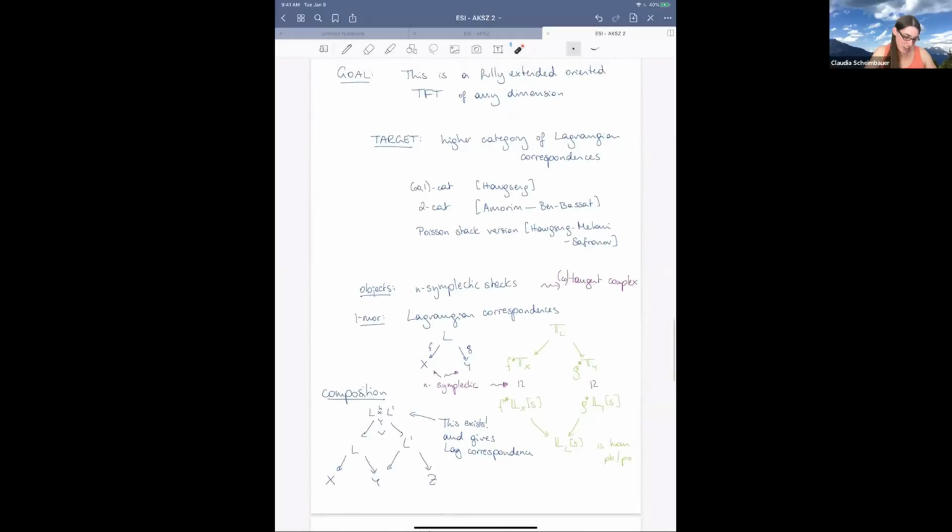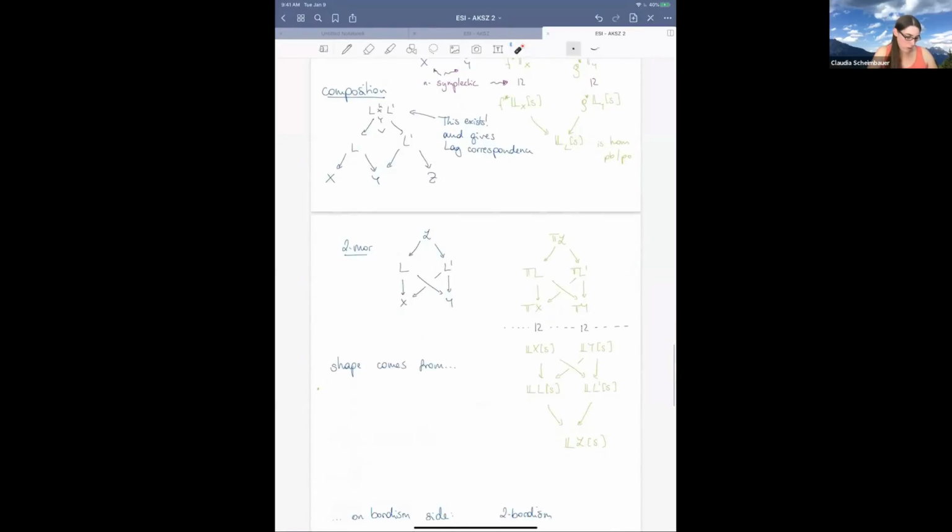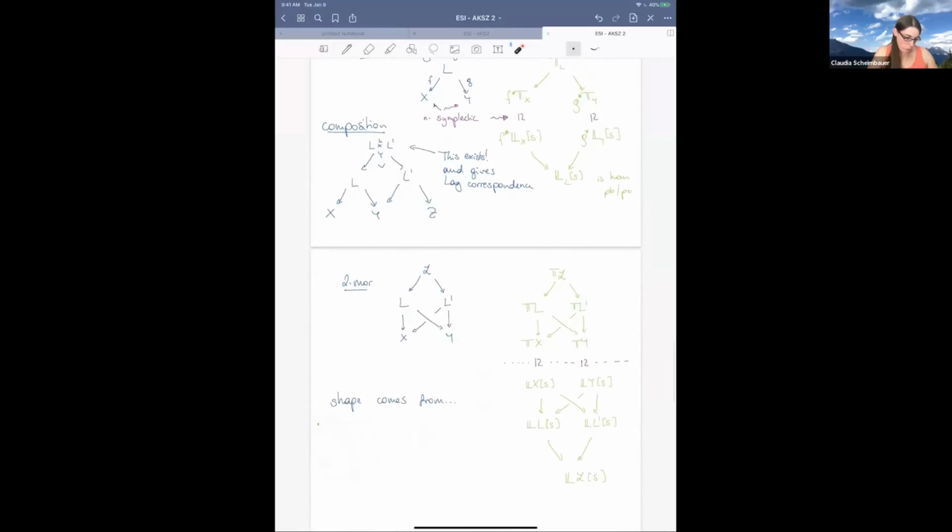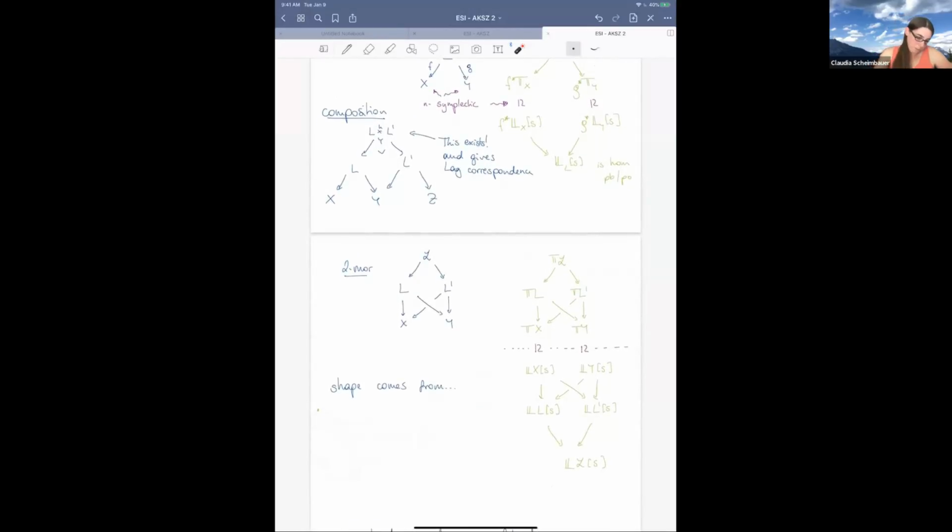Okay, so now we more or less understand what this infinity one category should be. And now I want to give you an idea of what to do to get two morphisms. So now we want morphisms between such guys. That will be the next step. So what's a two morphism? A two morphism looks as follows.